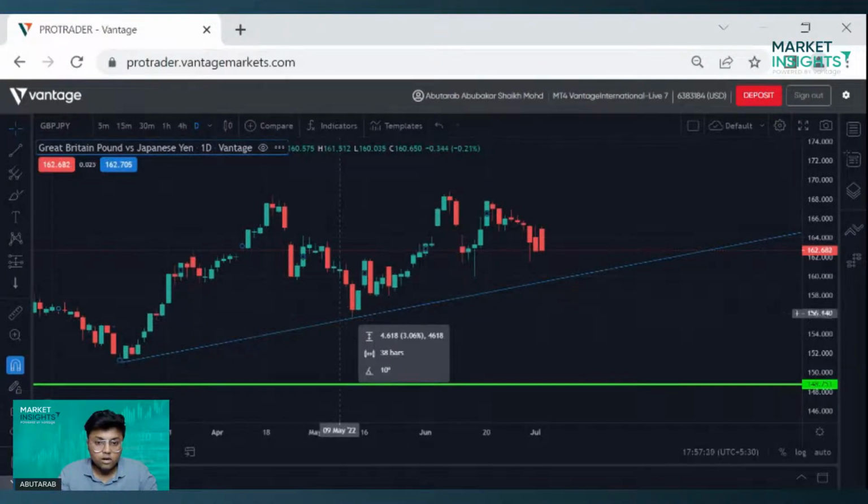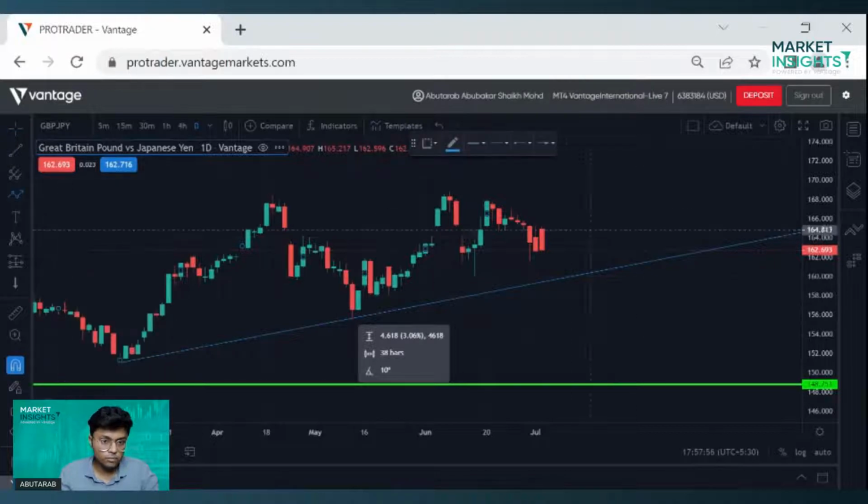Now, for a trend to be exactly perfect, we need at least two touch points. To make a line we already know that we need 2 points. So these are the two points which I have joined. Another thing is that we need certain confirmation points as well, confirmation from where the price has rebounded.